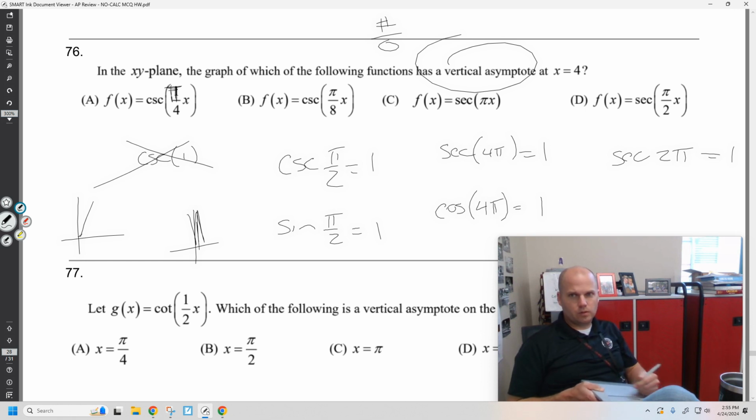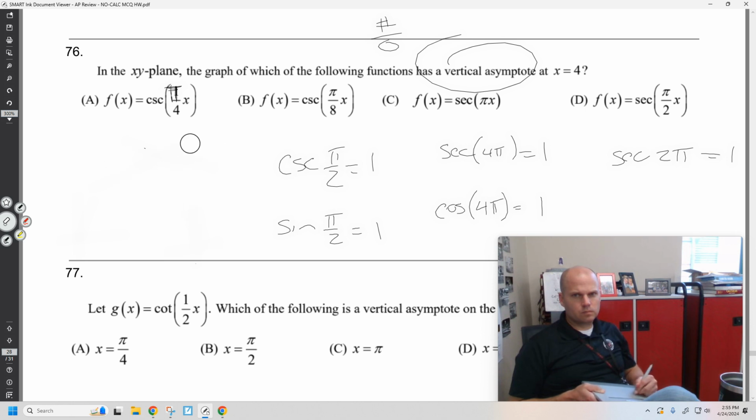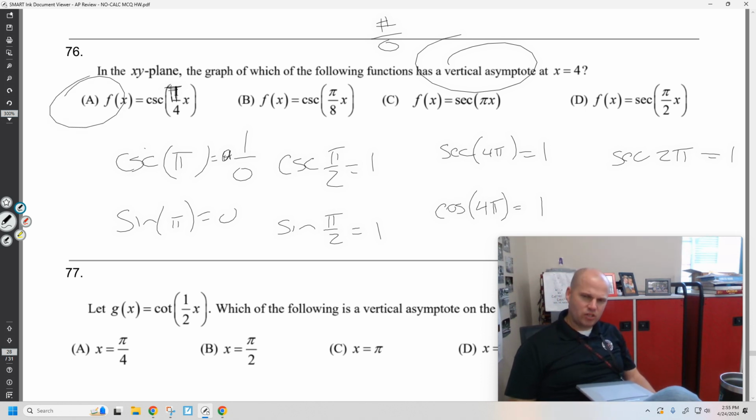Or pi over 4. Because then it would be the cosecant of pi. The sine of pi is 0. The cosecant of pi is like 1 over 0, vertical asymptote. So I'm picking A, but after changing that 1 to a 4. I think that was the intent of the question, and that happens sometimes when we teachers make questions.